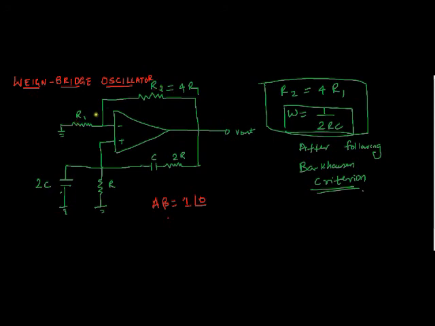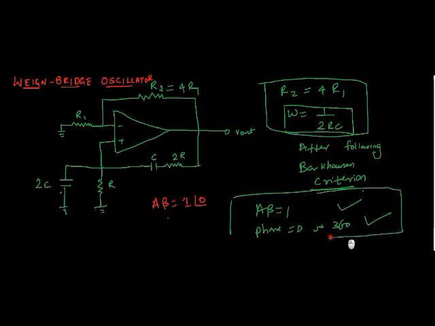These are just set to satisfy one of the conditions, that is, A beta should be equal to 1 and the phase should be 0 or 360. So both the conditions are met and I have explained it step by step. So please follow this design procedure if you want to design a Wien bridge oscillator.